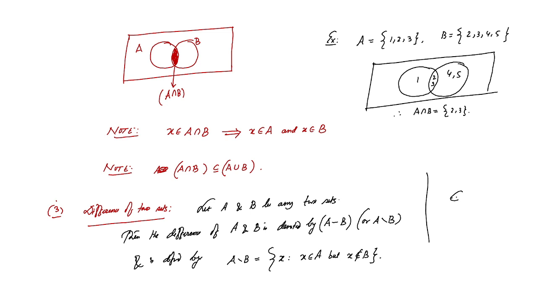You know this symbol is for belongs to and this symbol is for not belongs to. This is belongs to and this is not belongs to.